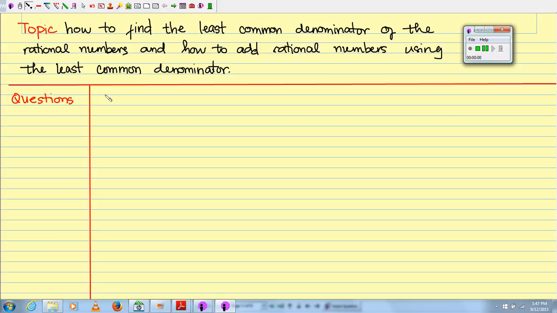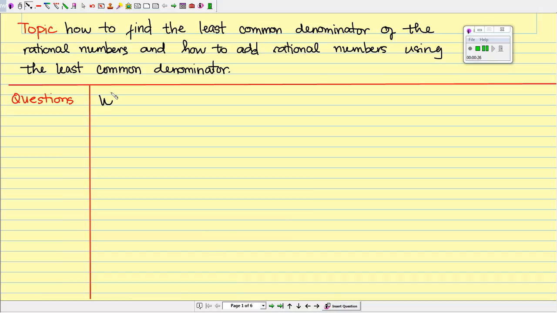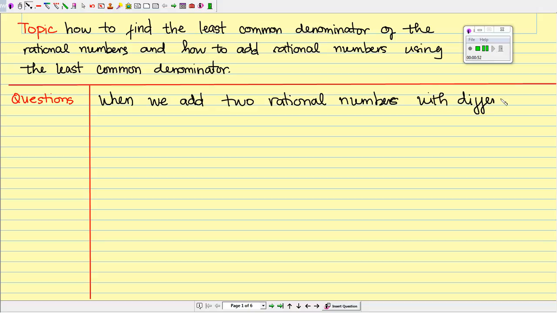First, why we need the least common denominators when we add two rational numbers with different denominators.